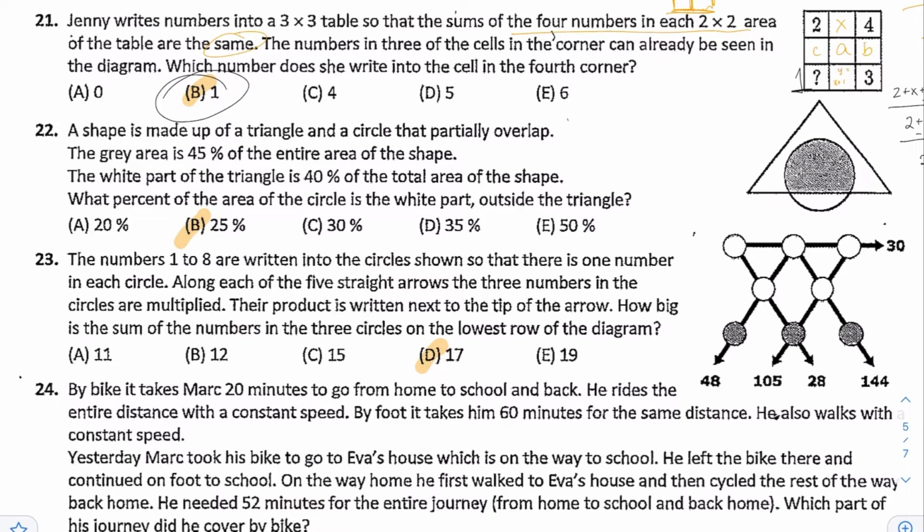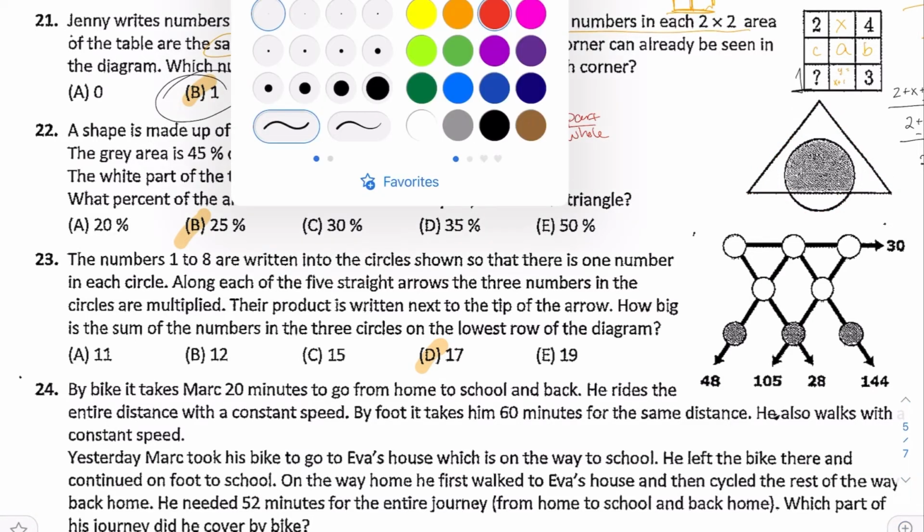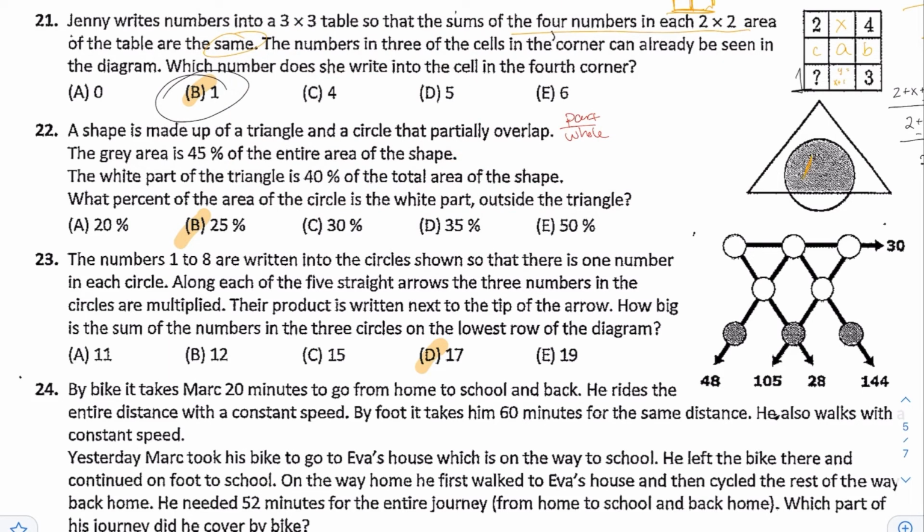And percent is just part over whole. So in this case, the gray portion is 45% of the entire shape. So the entire shape is this, plus this part, plus that. So the gray, which we put here, will be 45.